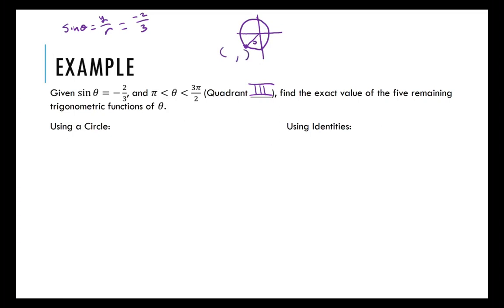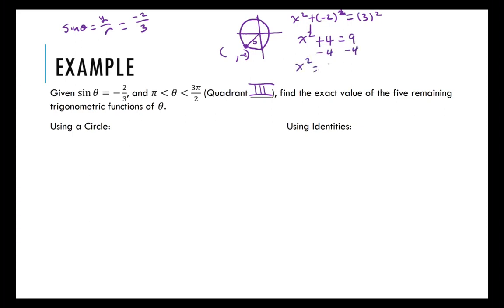Specifically, I've already got my y to be negative 2, but then I need the Pythagorean theorem to find my x coordinate. X squared plus negative 2 squared is equal to r squared, or 3 squared. And so x squared plus 4 is equal to 9, minus 4 minus 4.